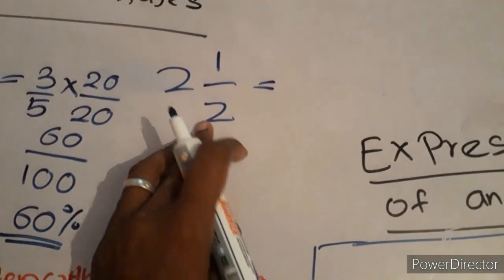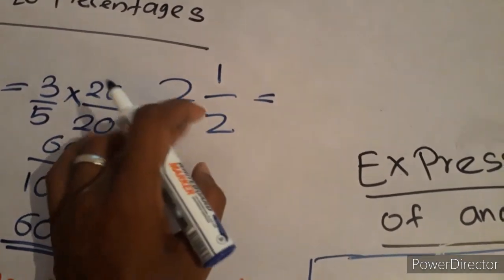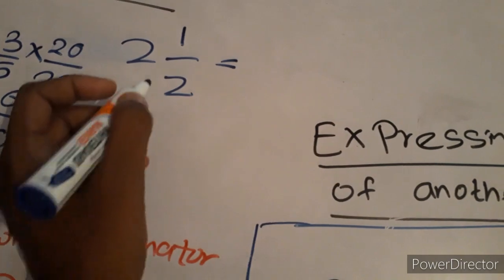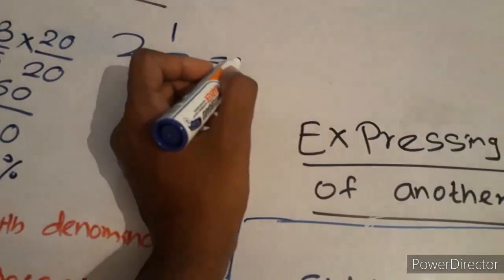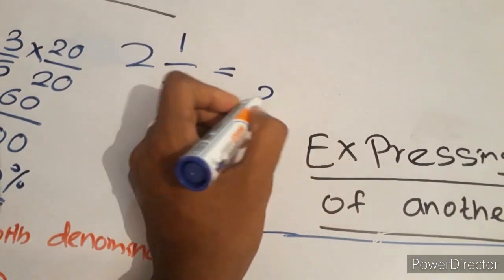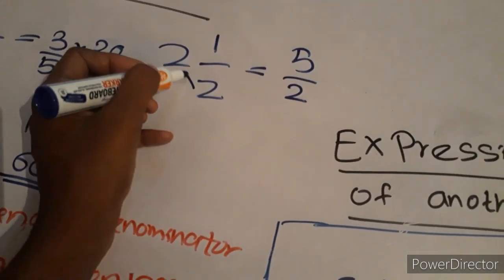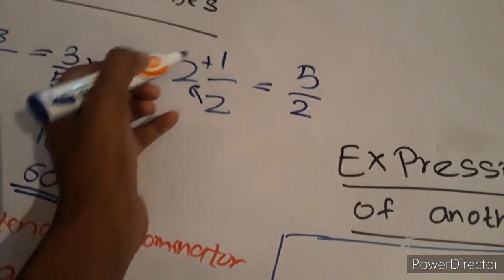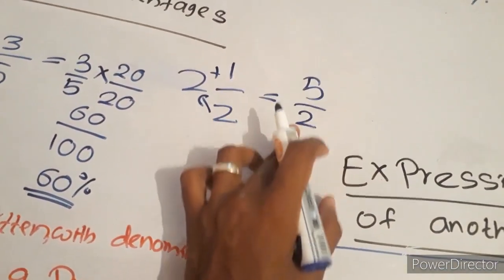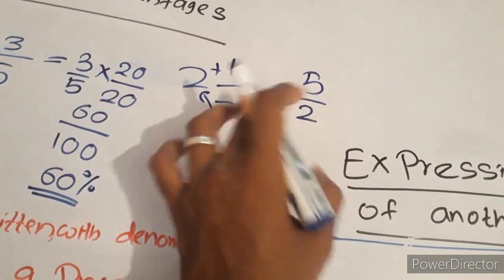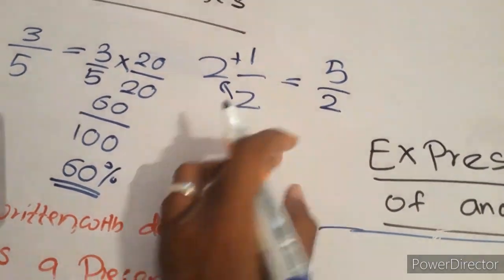Next example. First we have to make it a normal fraction, so we have to convert it. So it becomes 5 upon 2. You know how to convert it: 2 multiplied by 2 and plus 1, then it becomes 5 upon 2. Now we have to convert this one to a percentage.